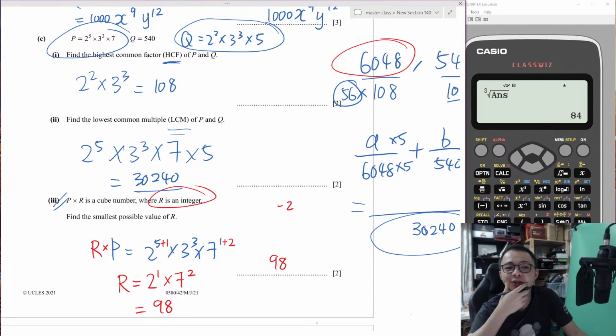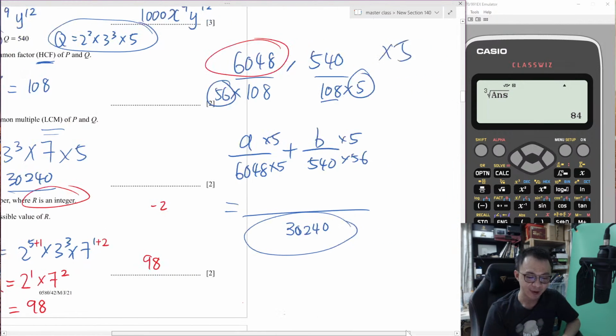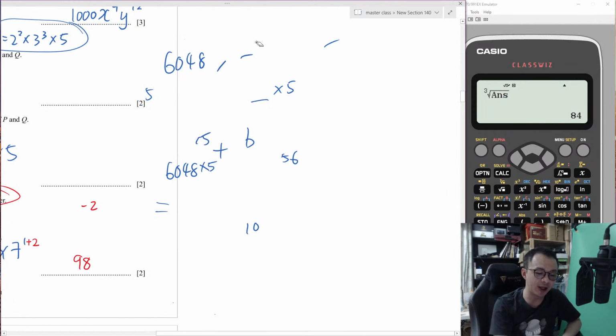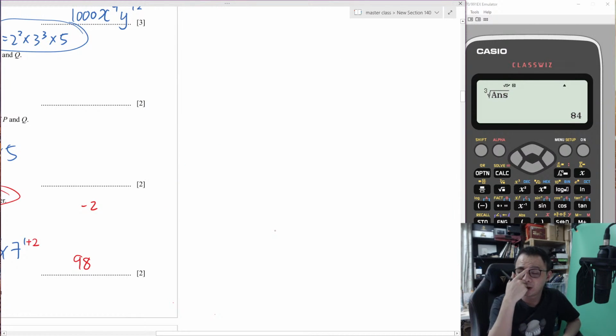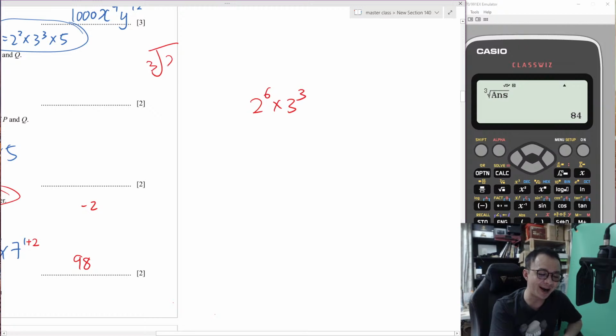So why should we make it a multiple of 3? Because you want to cube root a certain number, right? It must be a multiple of 3. Okay, I give you some example. Let's say I have a number 2 power of 6 multiply 3 power of 3. I'm not sure how far you understand about indices. Cube root of x actually means x power 1 over 3.